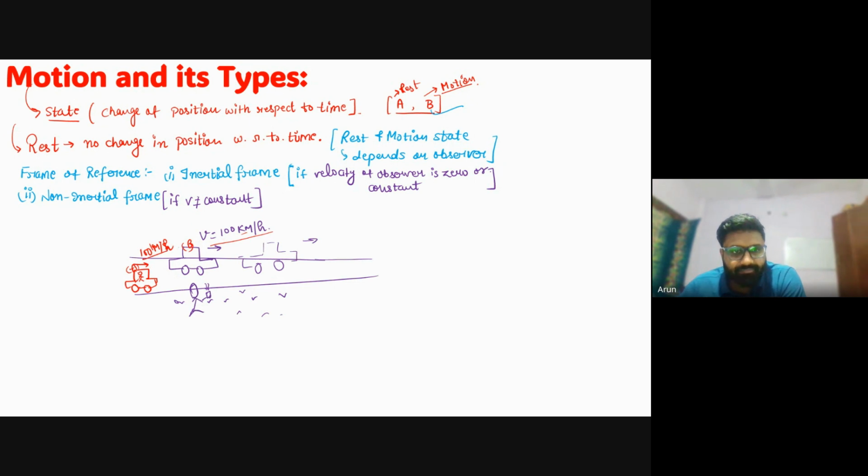The car in which you are present is also moving at 100 kilometer per hour. So does this car seem to be in motion or rest? That's the simple question I'm asking you. You are sitting inside the car, and there is another car which is moving with the same speed.